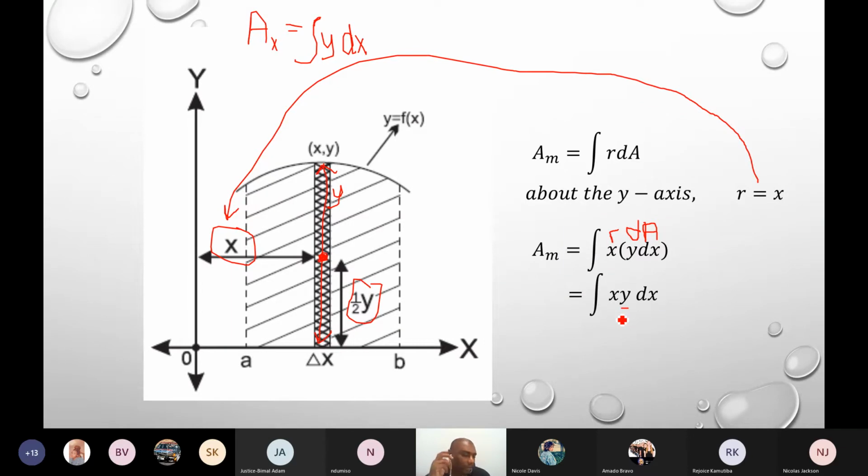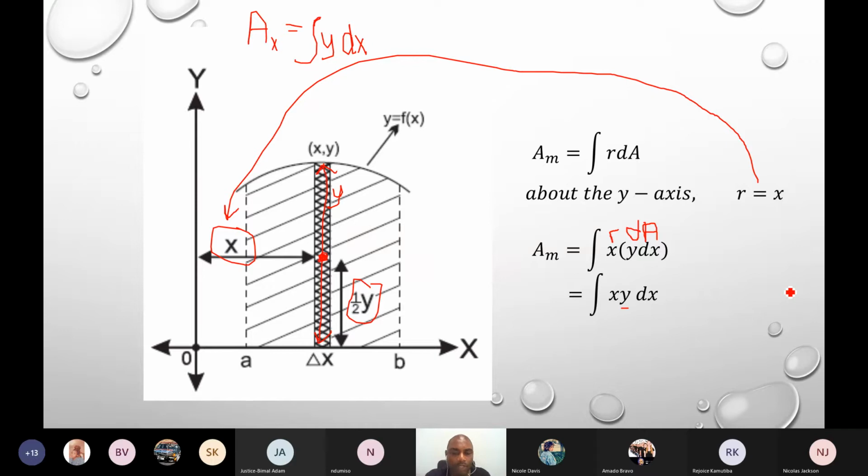Any questions on this first part here? As I always say, with maths, it many times makes more sense when you start to practice it.